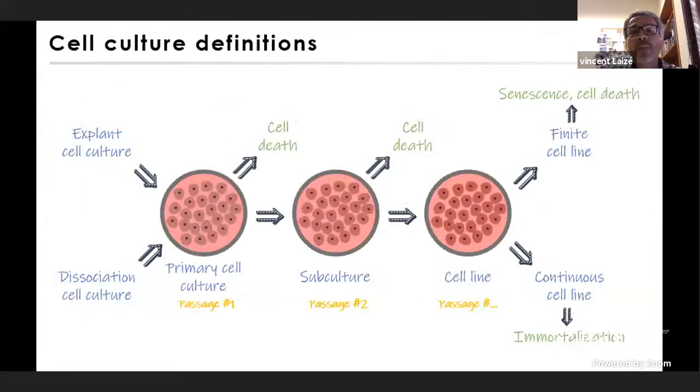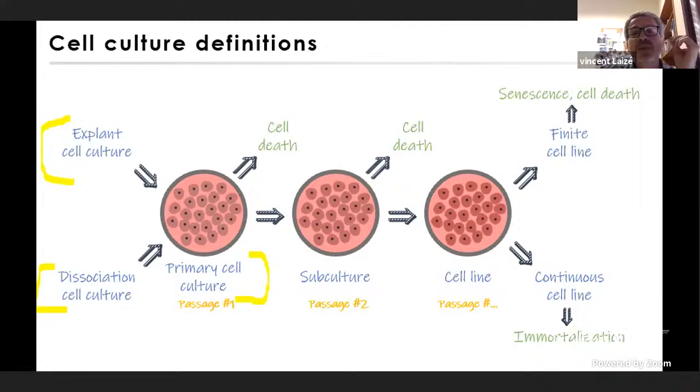Before I start with the main presentation, I would like to give you a clear definition of what a cell line is, because I will focus on that today. At the beginning, when you initiate a new culture of cells, you have a primary cell culture. That primary cell culture is composed of the first cells that came out of either the explant cell culture or the dissociation cell culture. Dissociation cell culture is usually for soft tissue, where cells can be dissociated from the tissue using a gentle mechanical dissociation.